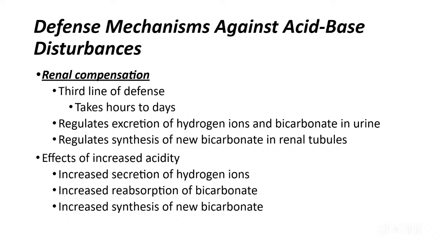So that's going to actually remove them from circulation, bringing pH back up. We can reabsorb bicarbonate. So if we reabsorb bicarbonate, now it's in the blood, it's going to act as a buffer. So we're going to loop back to that first line of defense and buffer out excess hydrogen ions. And synthesis of new bicarbonate would work the same way. If we make new bicarbonate, we're also going to put that into the bloodstream. So this is more buffer to soak up acidity.